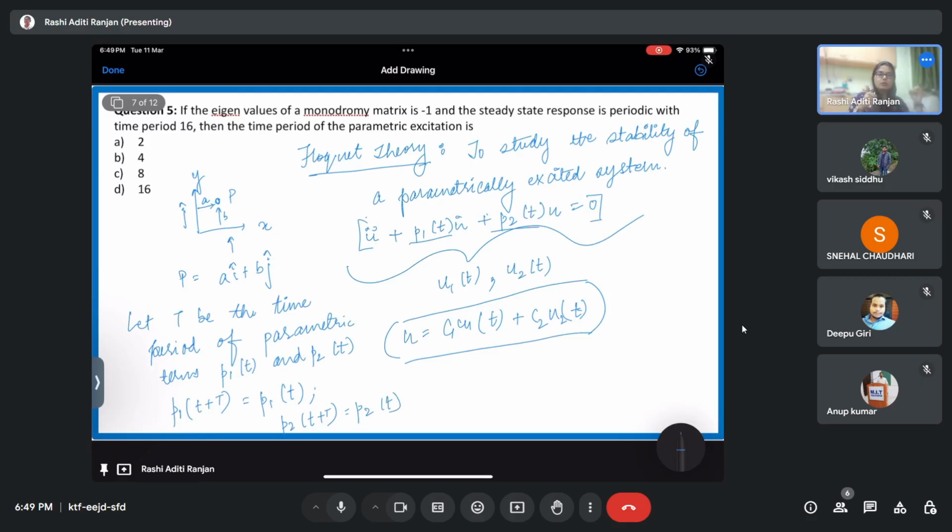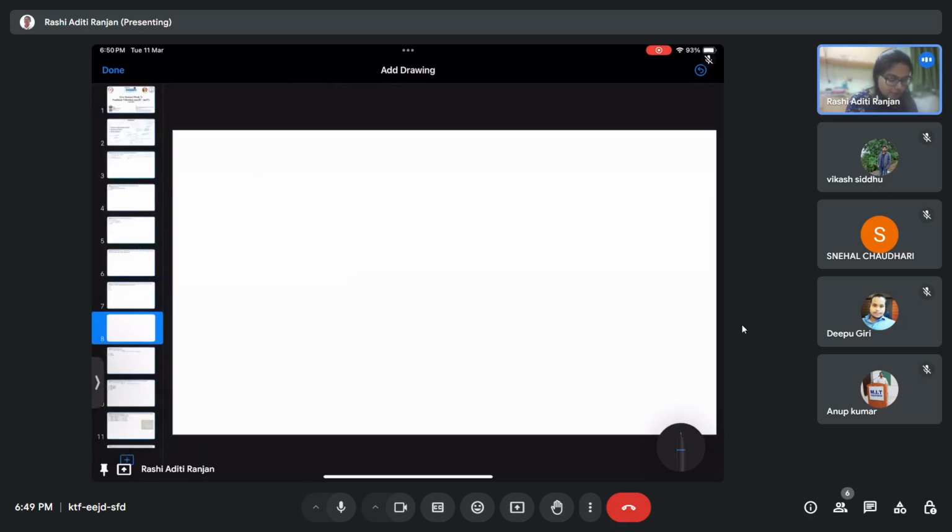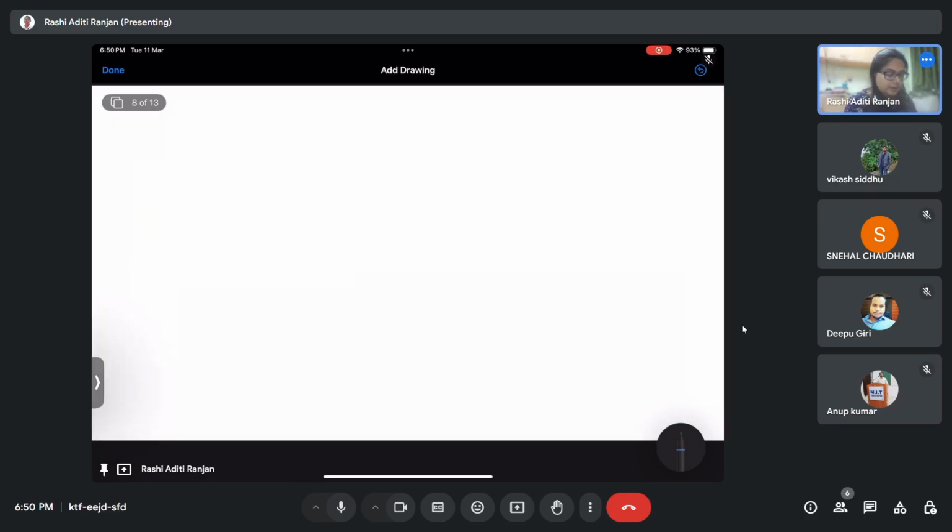Okay, correct. Now for the equation of motion, let's find out how it is going to look if I change my time from t to t plus capital T. So u double dot at t plus T is going to be nothing but minus P1 ... this. So from the earlier formula, what do we know?